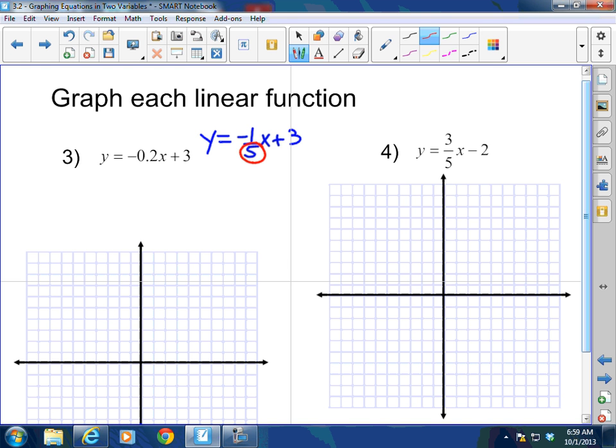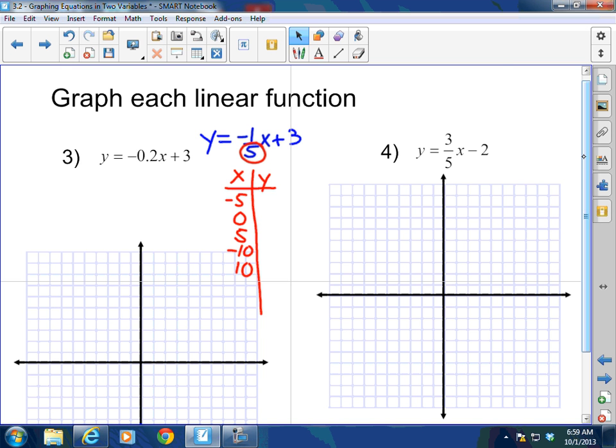If you have a fraction as a coefficient, you want to choose x values that are multiples of the denominator. So, in this example, I would use negative 5, 0, 5, negative 10, and 10. Those are all going to be multiples of the denominator, and they are going to eliminate the denominator.